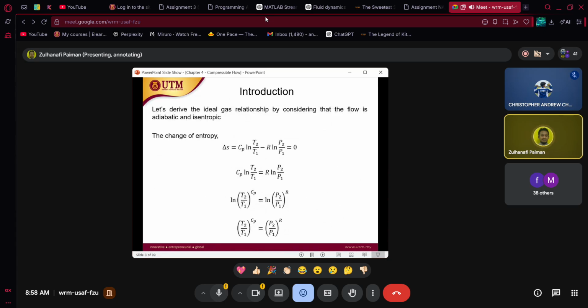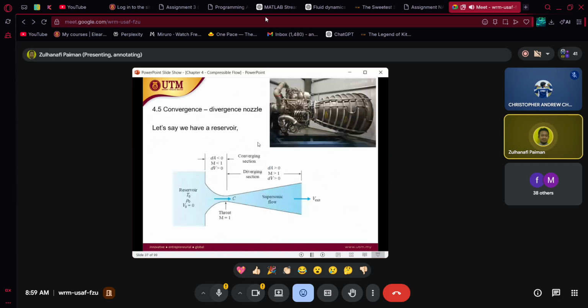Right, this one. Delta S is equal to Cp ln T2 over T1 minus R ln P2 over P1. For isentropic flow, delta S is equal to zero. But for the shock wave, delta S is not equal to zero; delta S is greater than zero. So that is how you find the delta S.